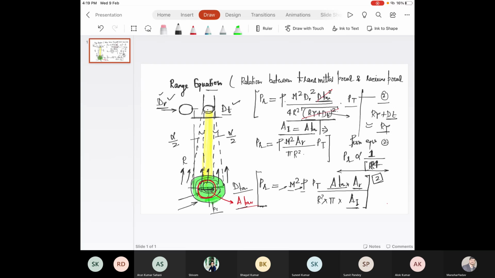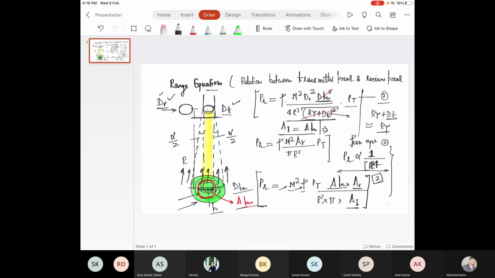Okay, so this is the reason why we see when we do the analysis, if you increase the range, then the power at the receiver becomes weak. Okay, so this is the reason why we have a restricted flying height.